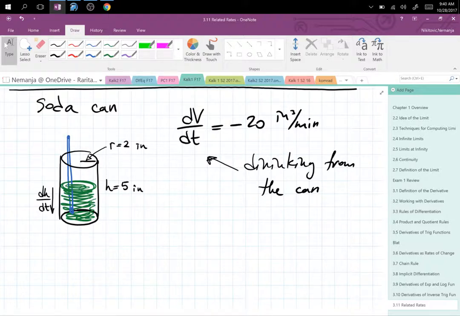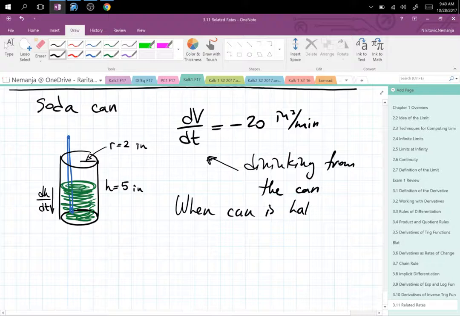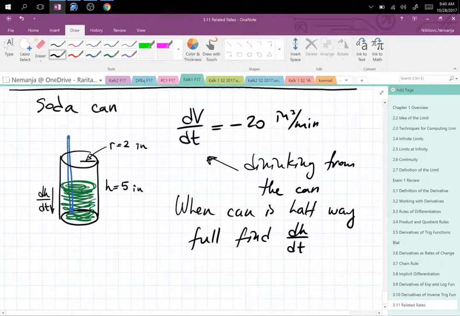How fast is the height going down as you are drinking when the can is halfway full? When the can is halfway full, find dH dt, the rate of change of height.